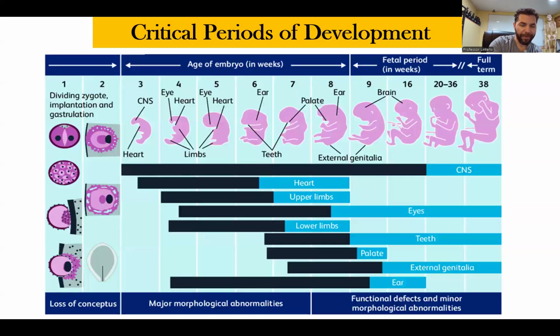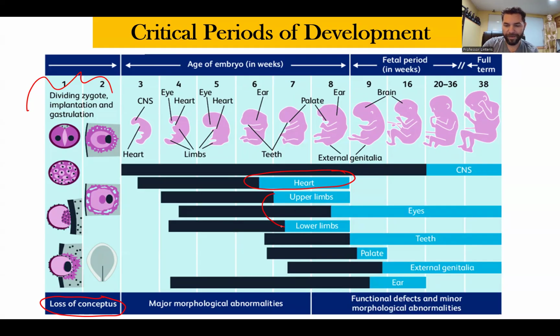Now, there are some critical periods, and this kind of summarizes it. Clearly, if you had issues over here with implantation and any of that gastrulation, you're going to lose it, right? As this progresses forward, you'll see the heart, which we talked about was one of the first established organs, which is important to circulate blood.